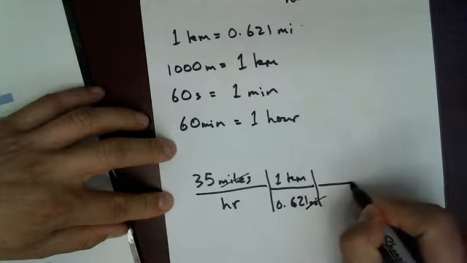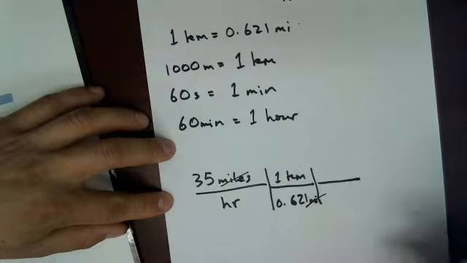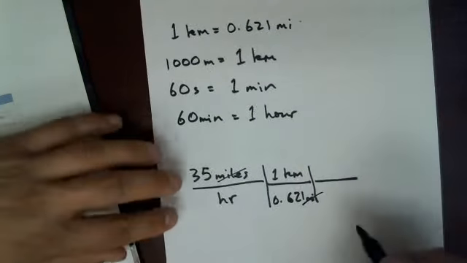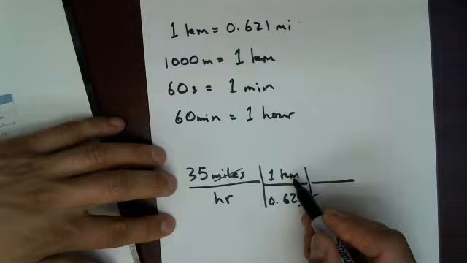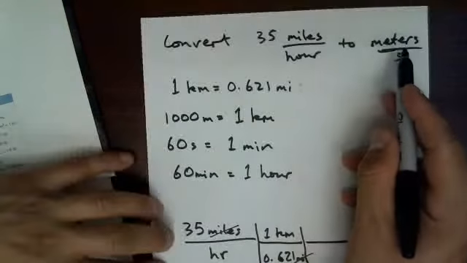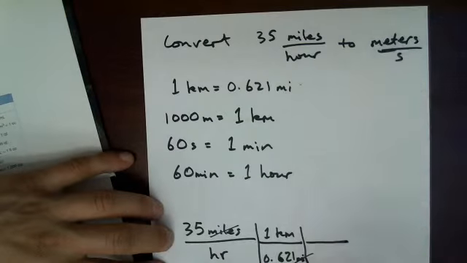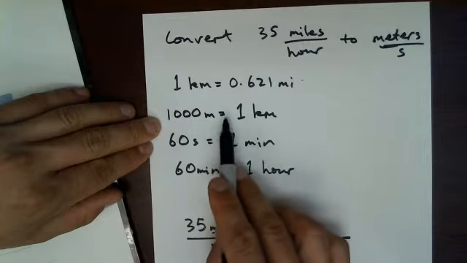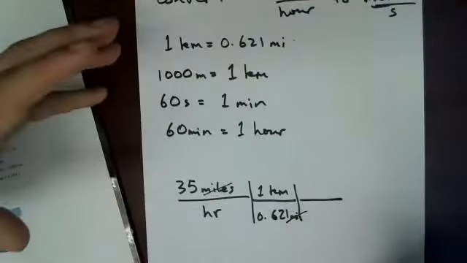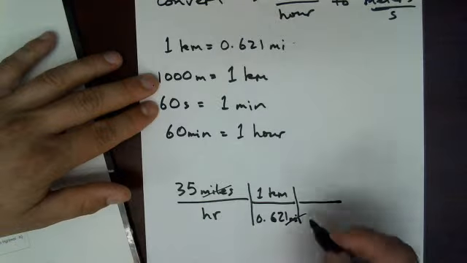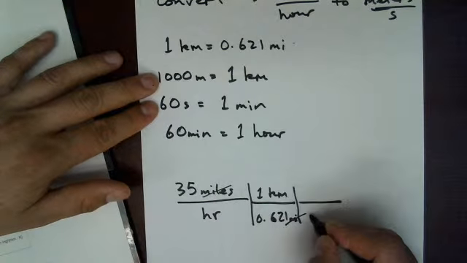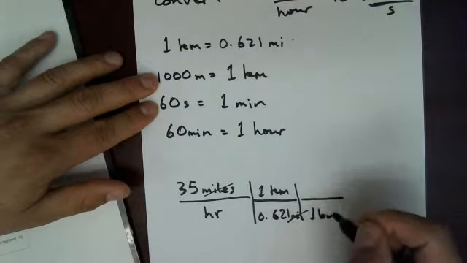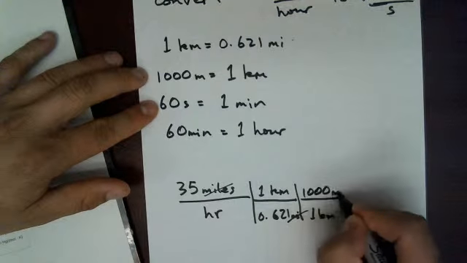Still that's not complete, so we need to convert our kilometers to meters, because the question was asking to convert to meters per second. So I go back up here and I know there's 1,000 meters in 1 kilometer. Where am I going to put the kilometer term? It's got to be on the bottom again so that I can cancel the kilometer. So 1 kilometer equals 1,000 meters.